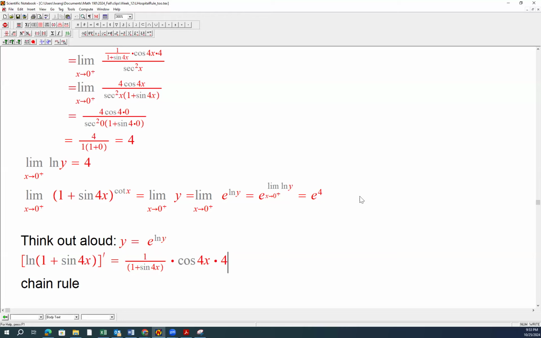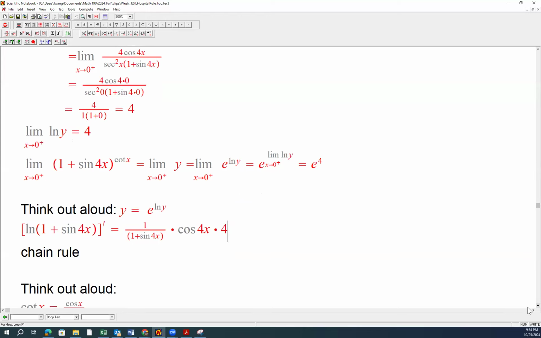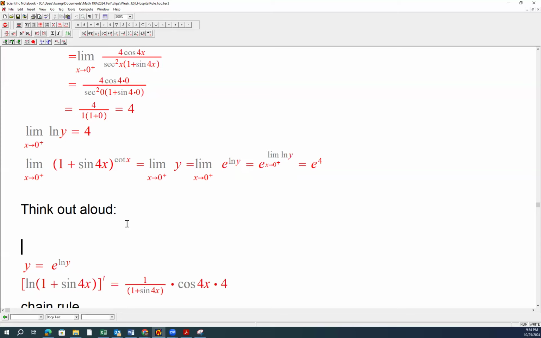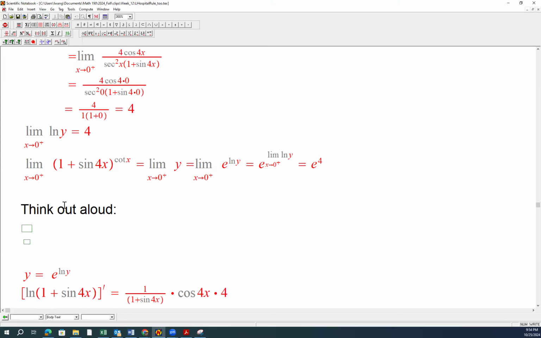We learned that property some time ago. So let me just make sure you know what I'm talking about. Okay, so this step, taking the limit from outside to inside, is this property.